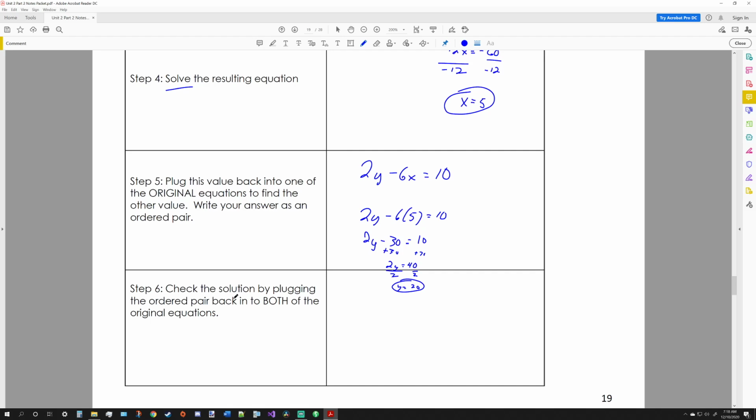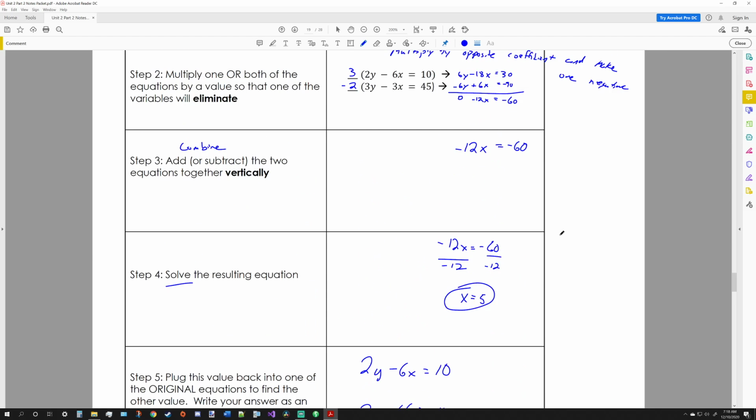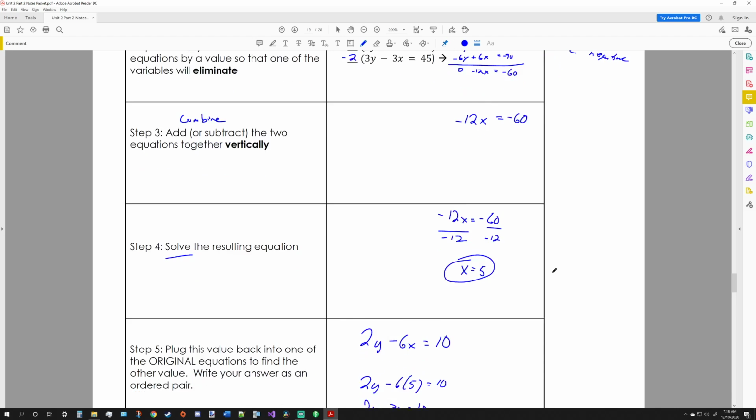To check the solution, we would make sure that it works for both equations. So our solution here, 5, 20, we would check by plugging in. So 2y minus 6x equals 10. And the other equation was 3y minus 3x equals 45.